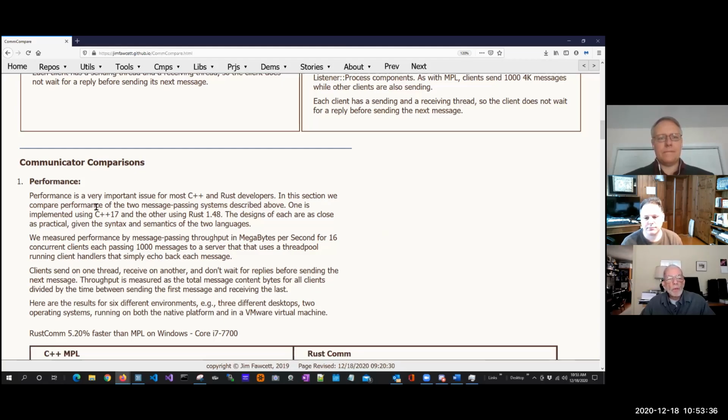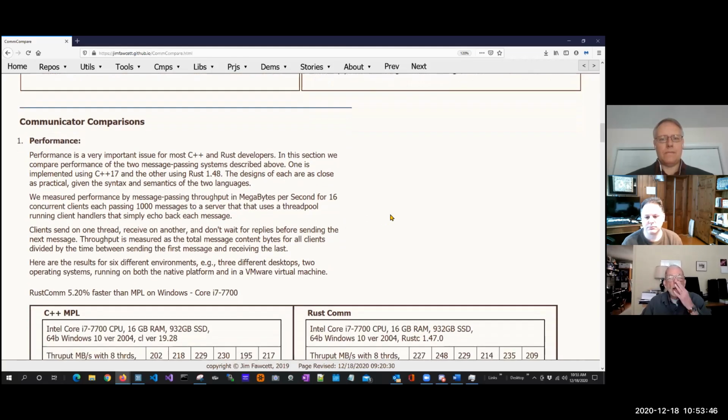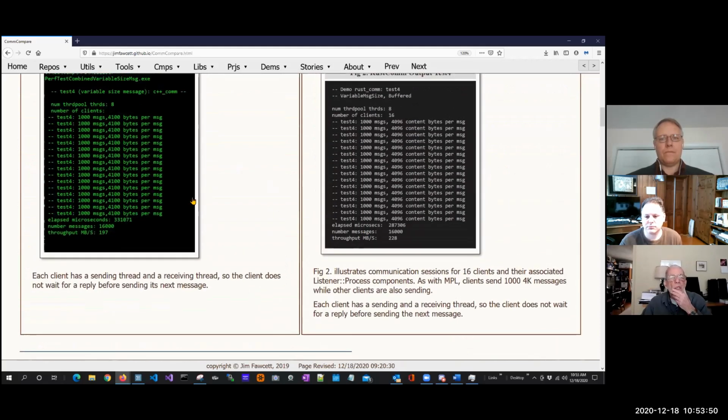We're using C++ 17 and Rust 1.48, which are essentially the latest versions. And we're running some tests. These sequences you see here are our communication sessions where we have 16 clients, each client sending 1,000 messages.